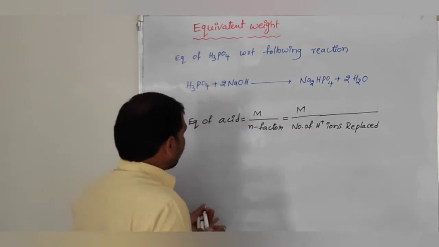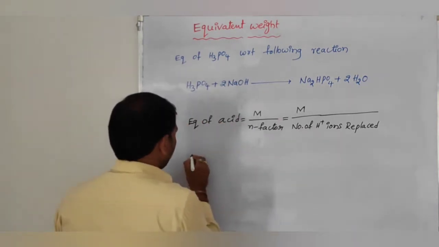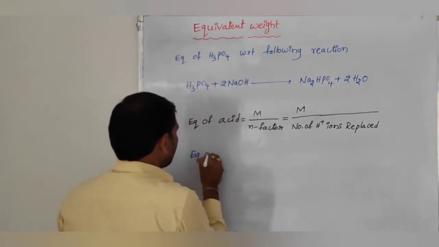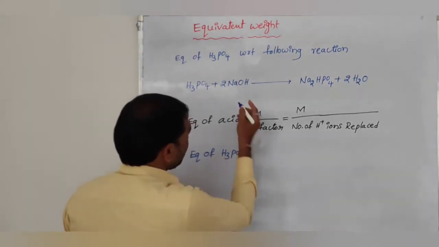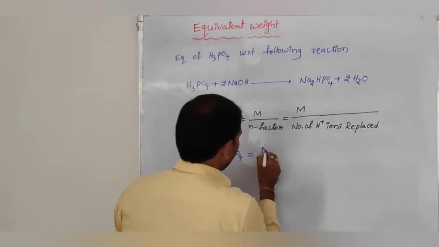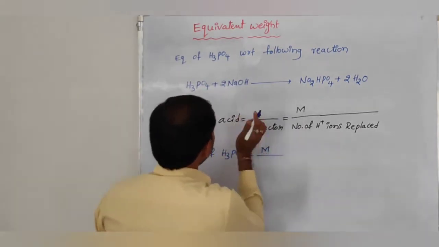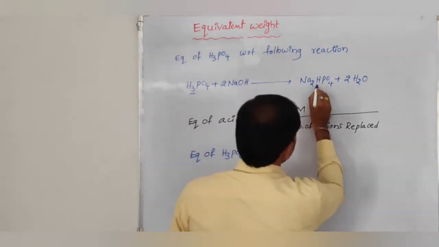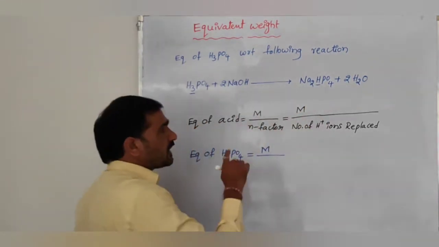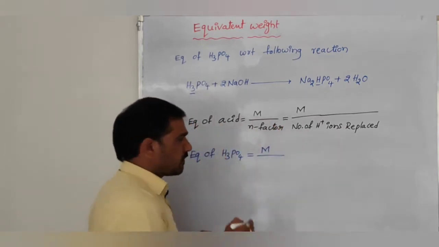So here, beta, the n factor with respect to this reaction, the equivalent weight of H3PO4 with respect to the above reaction, is equal to M by, here how many H plus ions are replaced? Here 3 H plus ions are there, here the rest 1 is. It means how many H plus ions are replaced here? 2 H plus ions.